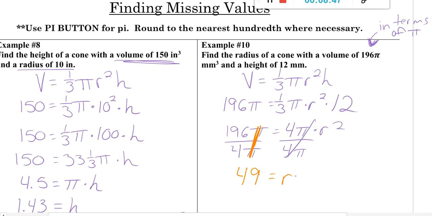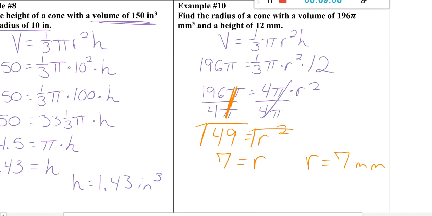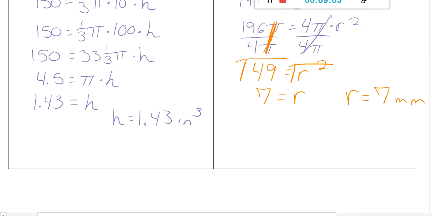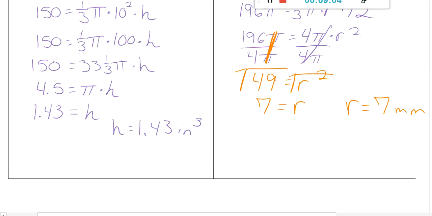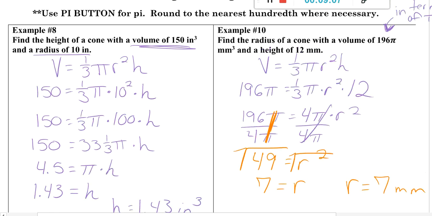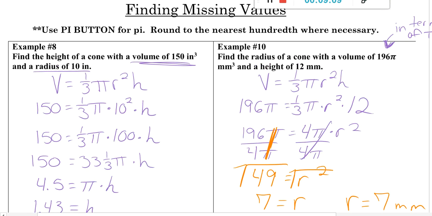So 49 equals r squared, and then I need to take the square root, which would give me a radius of 7. So my radius equals 7 millimeters. Okay, so again, just really making sure that you're being careful with these, finding the missing values, as to when you are including pi, or if you're leaving it in terms of pi.